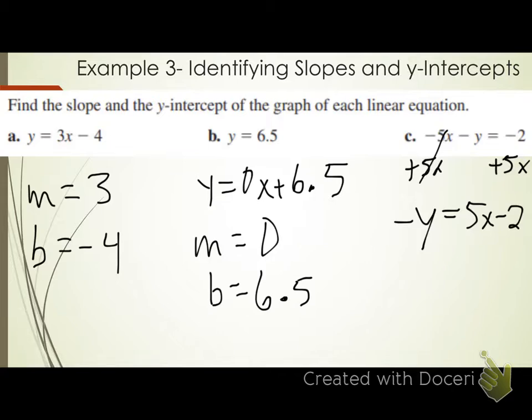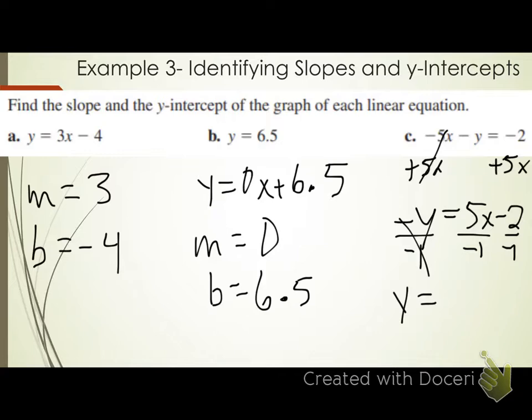How do I get rid of that? Divide by negative 1. That's like a negative 1 times y. So if I divide by negative 1, it's going to become positive y. When I divide the right side of the equation by negative 1, I have to divide each term by negative 1, so it's pretty much just changing my signs.